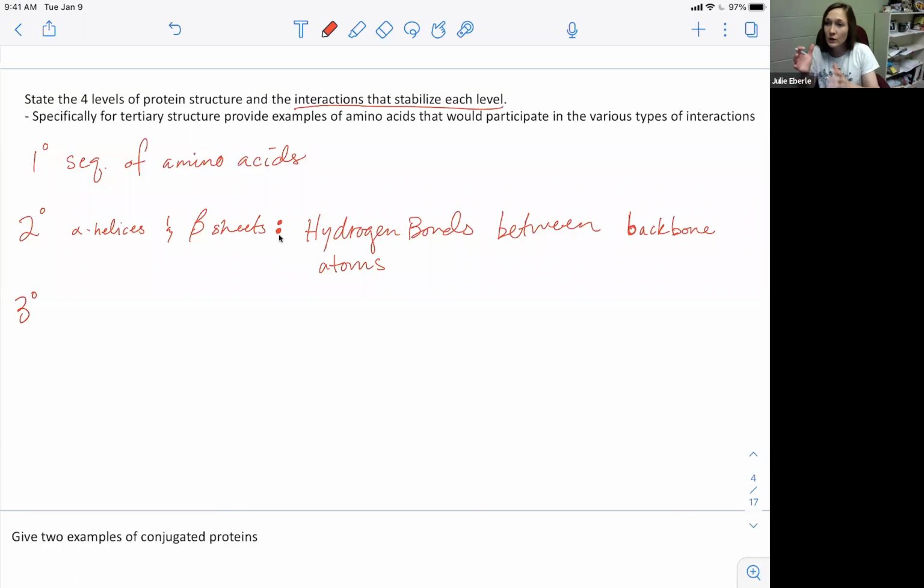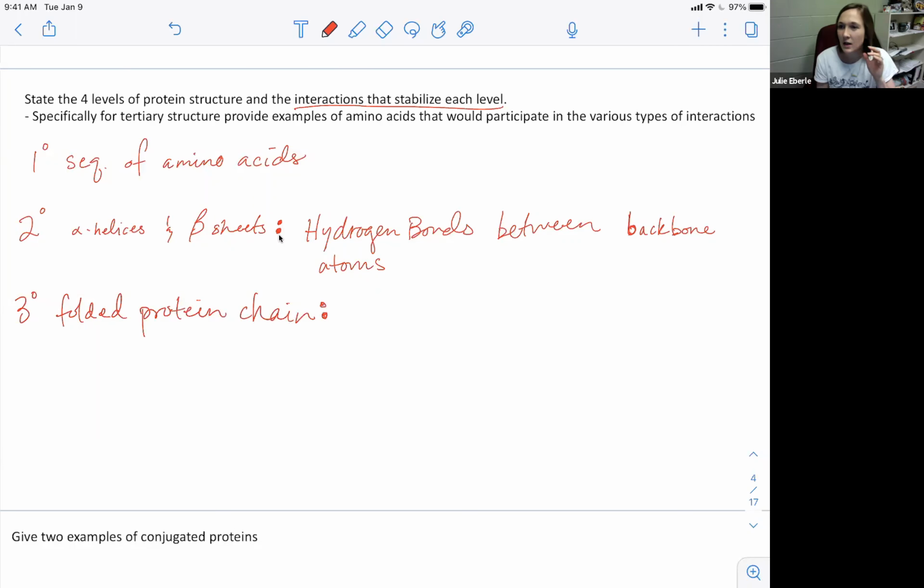But when the chain is fully folded together, it can look just like a wad of spaghetti. It looks very disorganized, but it's full of structure and full of intentional interactions. When that chain is all coiled together in its active form, that is the tertiary structure. Okay, it's the chain folded into its active form.